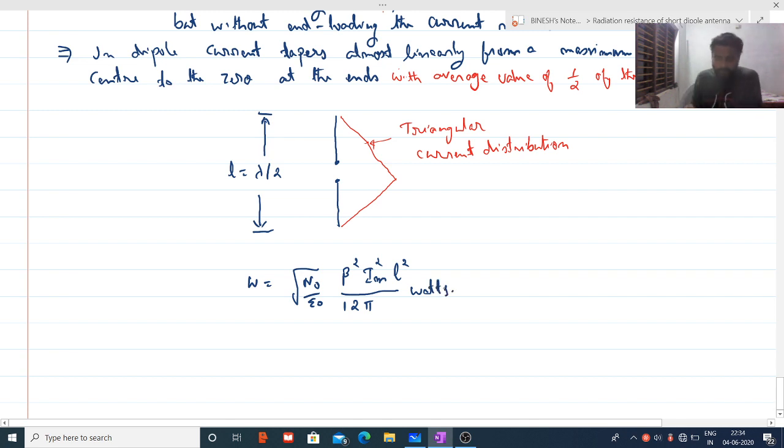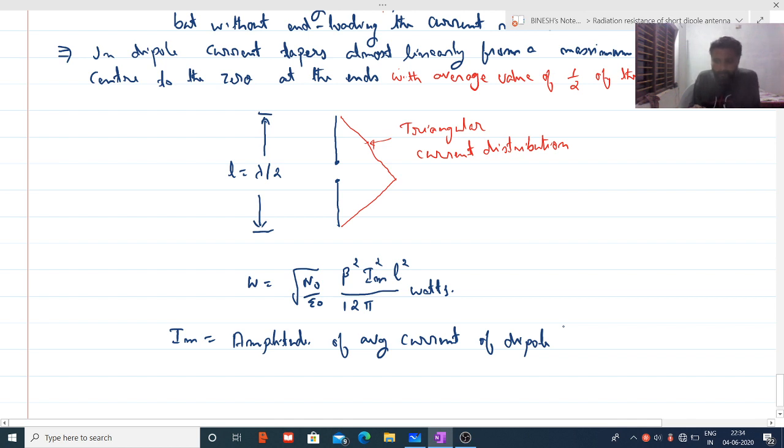Okay, so here Im, as I told you, is the amplitude of the average current of the dipole, that is nothing but the average current of the dipole.